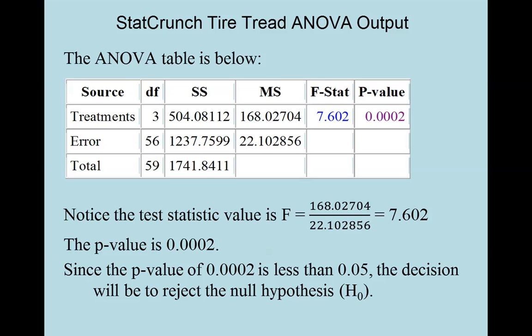And the p-value is 2 in 10,000, so 0.0002. The p-value is less than the standard 0.05 level of significance, so my decision would be to reject the null hypothesis. Then the next step is to write our summary sentence.